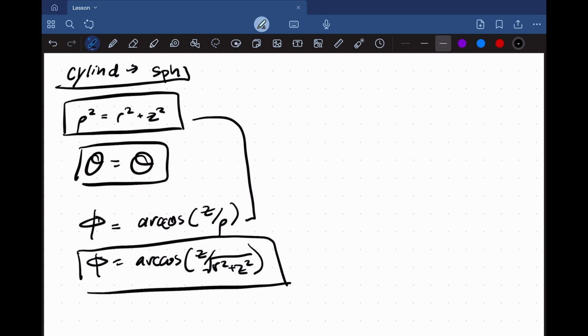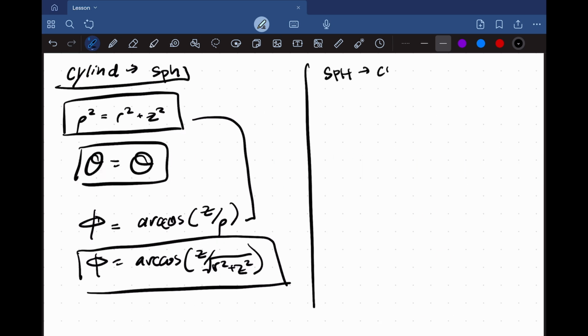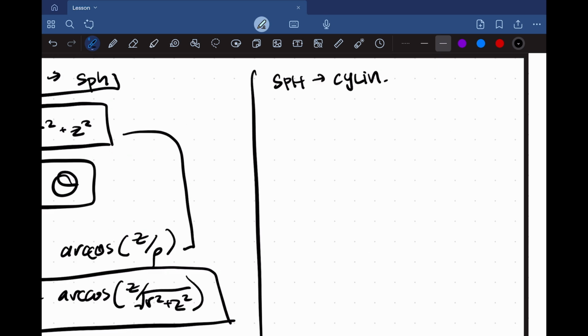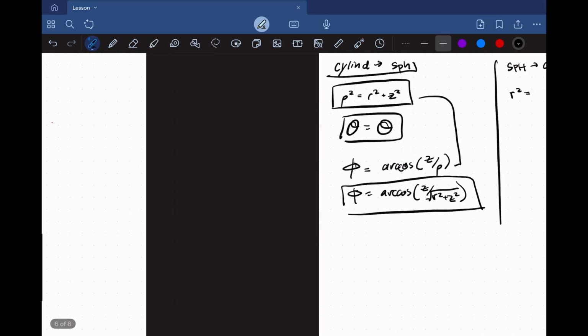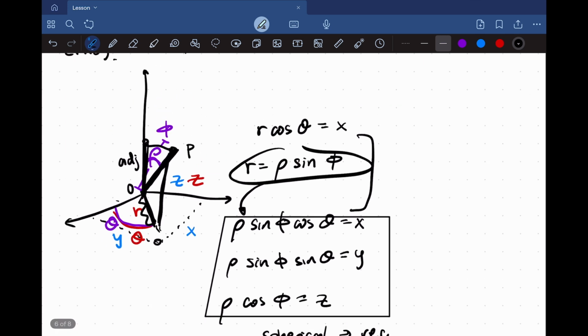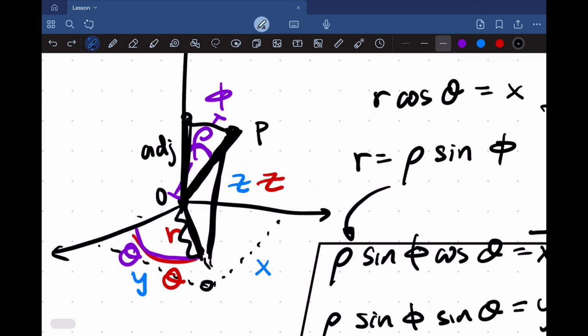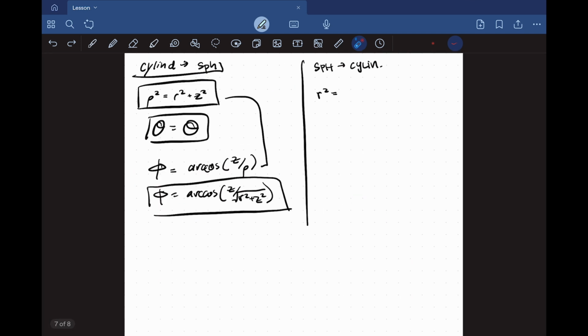Now to convert the other way, similar thing, spherical to cylindrical. We have r squared equals, so we know r, as we defined, is rho sine phi, because using the right triangle over here and phi over here, we can see that this distance is the same as this, and this is the opposite, so it's sine.